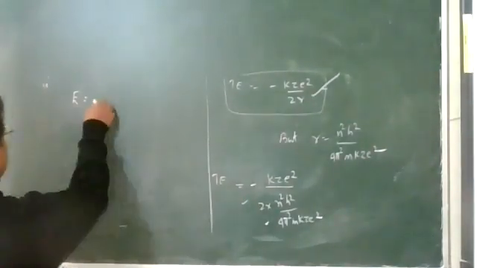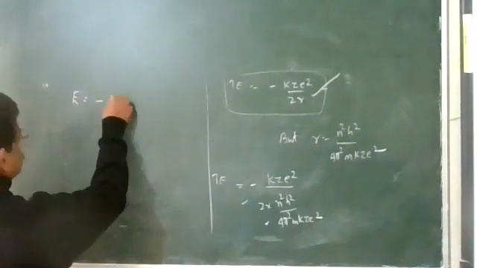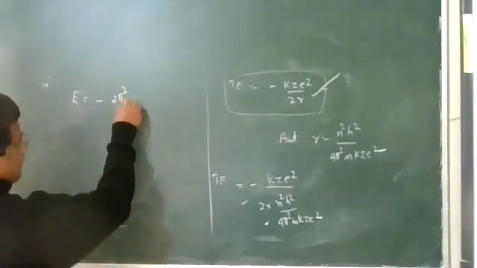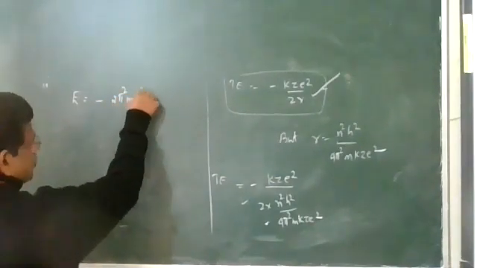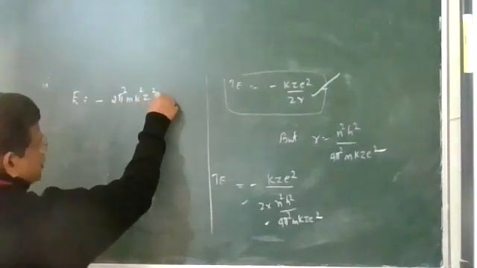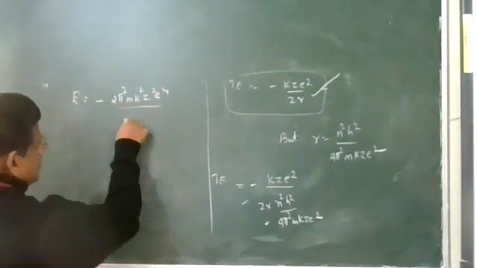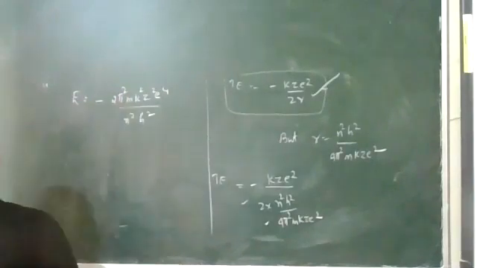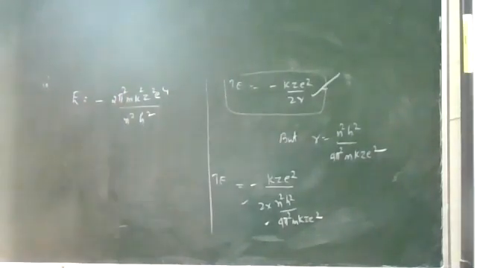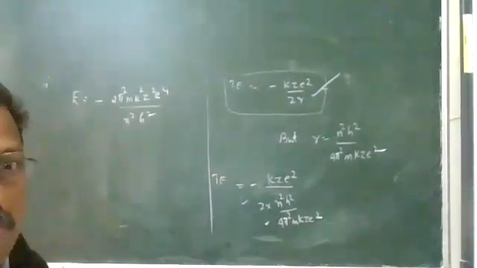So it will be minus, and the value is equal to 2 pi square m K square Z square e to the power 4 divided by n square h square. So this is the equation for energy in any orbit according to Bohr.